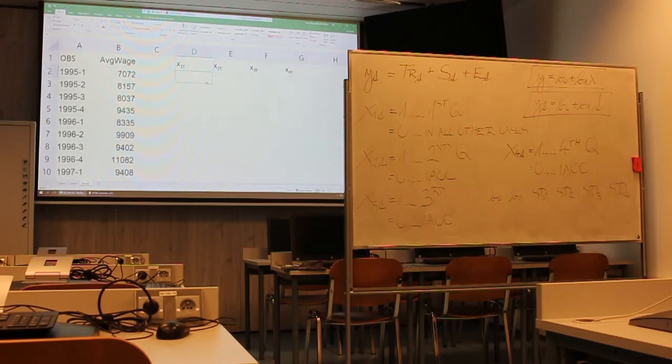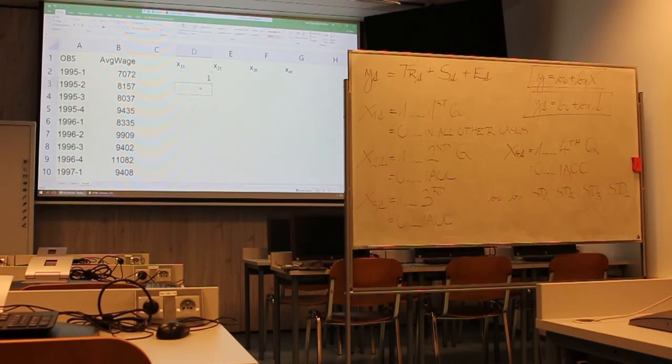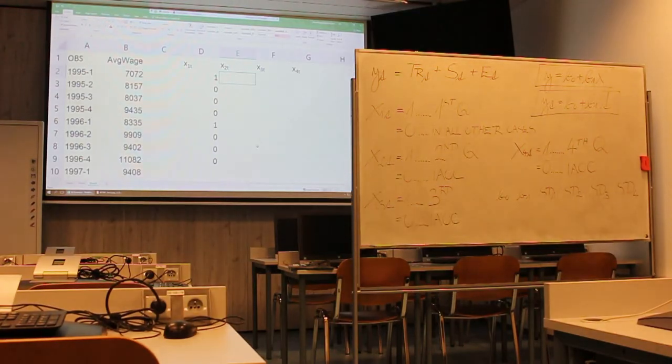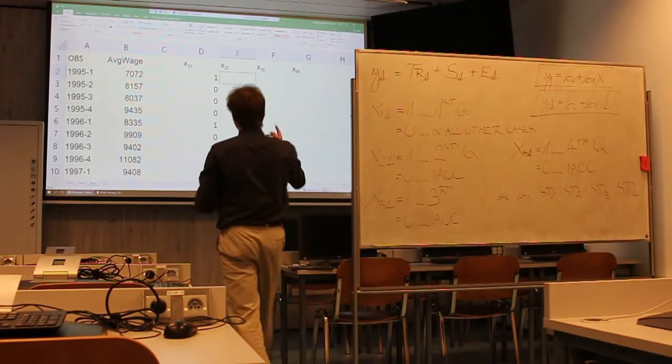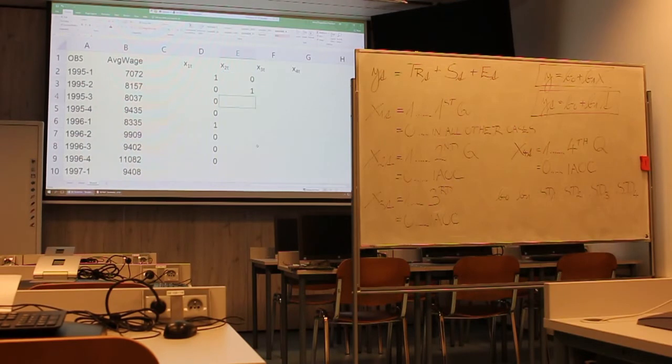So the combination here will be 1 0 0 0, 1 0 0 0, 1 0 0 0, and you can continue. Another variable, x2 at time t. Value 1 is in the case that we have a second quarter of the particular year. So combination 0, 1, 0, 0, 0, 1, 0, 0, and you can continue.